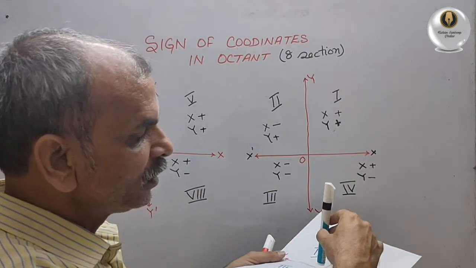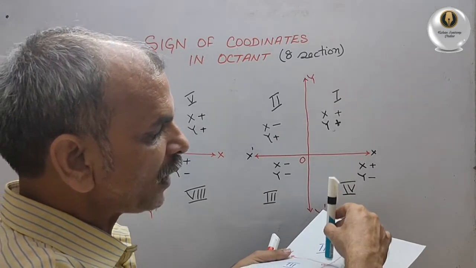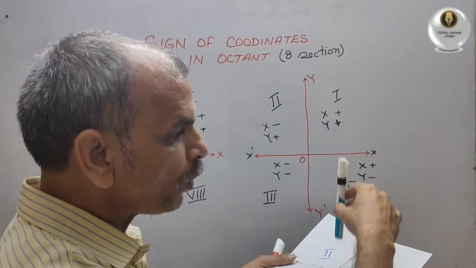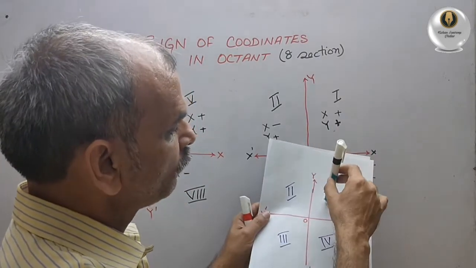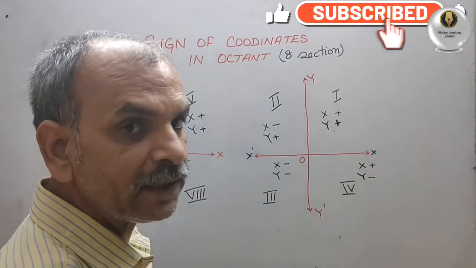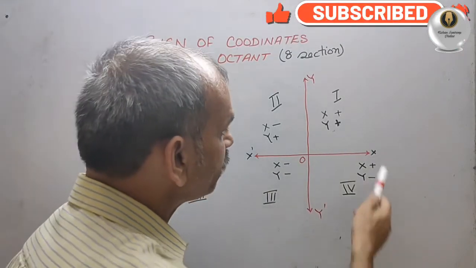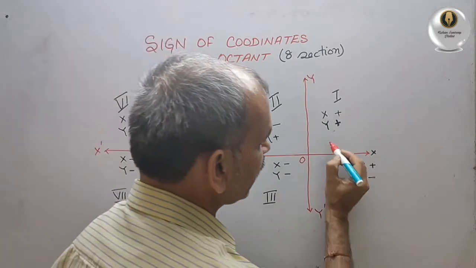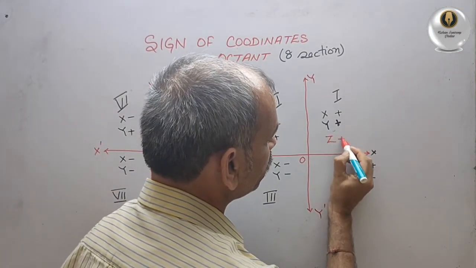The positive values are up. You will get all the positive values in your first, second, third and fourth quadrant. So z is positive everywhere.